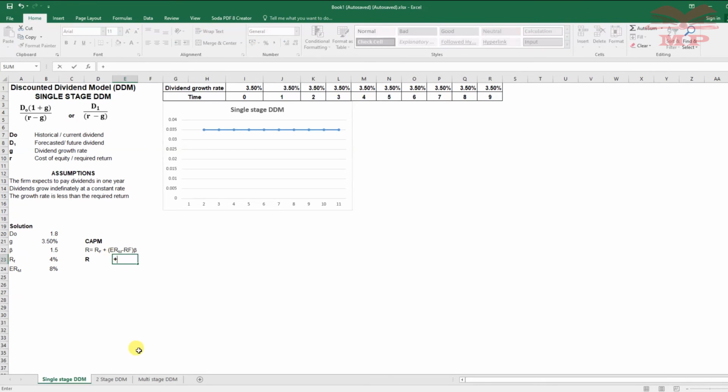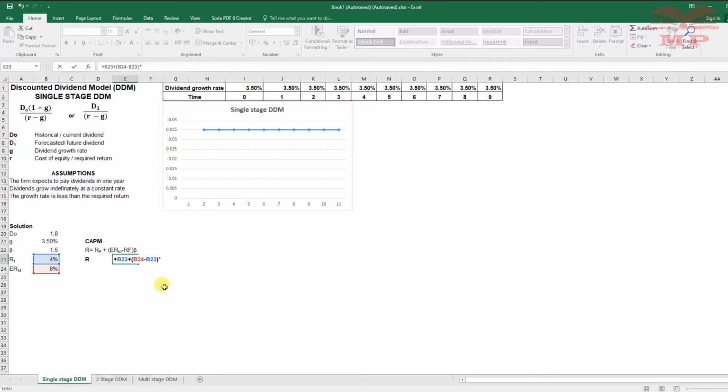RF, so we put the formula plus, so we come RF, like that, plus, we open the brackets, ERM minus RF, like that. Then we close the brackets over here, and then we multiply this.